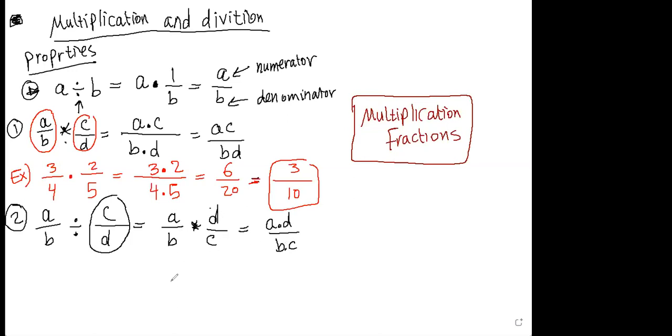Is it clear? So for division, we flip the second one and we do multiplication.